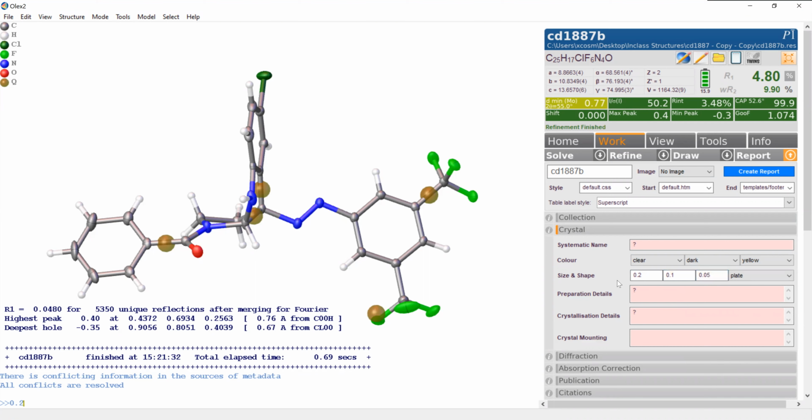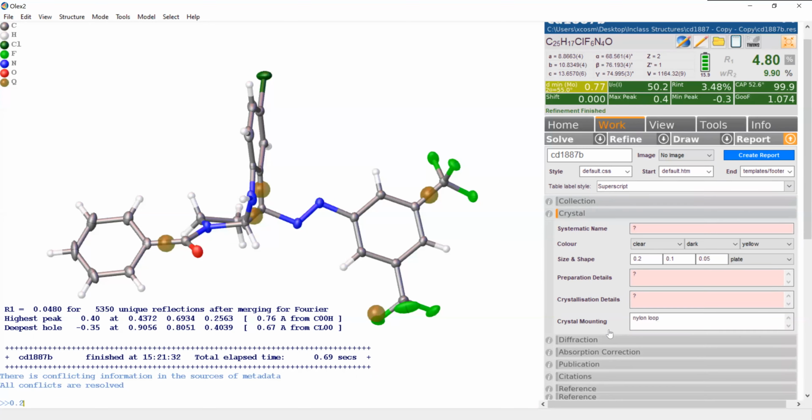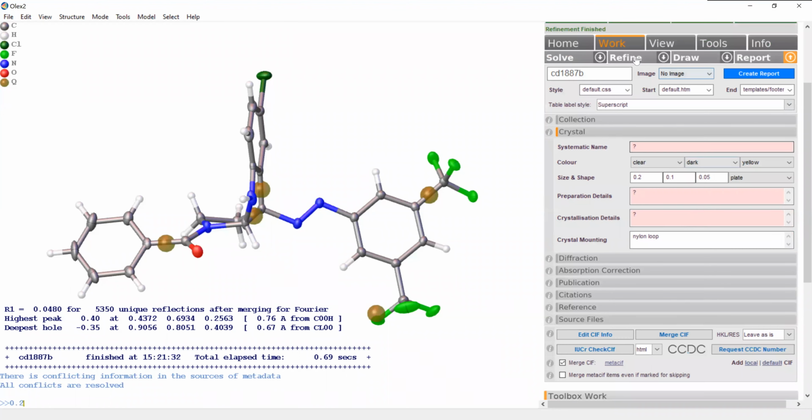Typically, when you do the finalizing of your data collection, you measure the crystal, and there you get the crystal dimensions. And this was mounted on a nylon loop. So click refine.